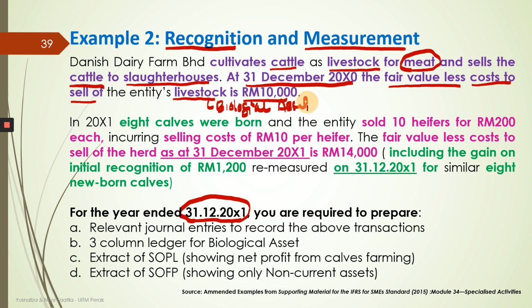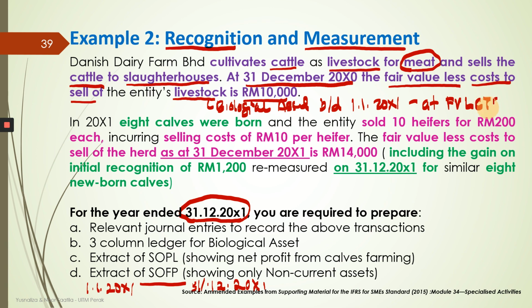For this year, starting on 1st of January 20x1, you should already have a balance of 10,000 in the account. This is the biological asset brought down balance as at 1st of January 20x1, at fair value less cost to sell.